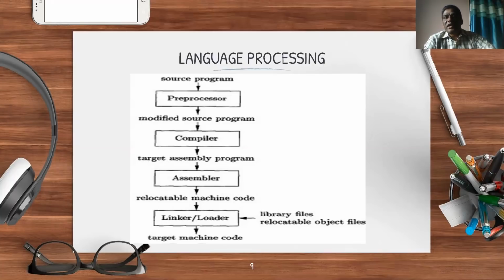If you press F9, it produces object code only, but not executable code. When you press Alt F9, then executable code, that means .exe files, will be generated. You need to understand the difference between .obj and .exe. .obj files are not ready for execution. .exe files are ready for execution, right?